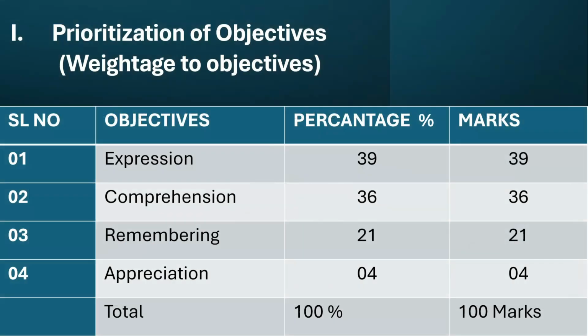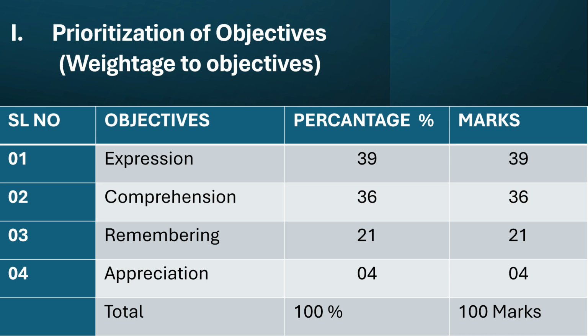The first thing we'll take a look at is prioritization of objectives, or what is commonly known as weightage to objectives. When we talk about objectives in English, we have expression, comprehension, remembering, and appreciation. Correspondingly, we have percentage and marks: expression 39%, giving 39 marks.